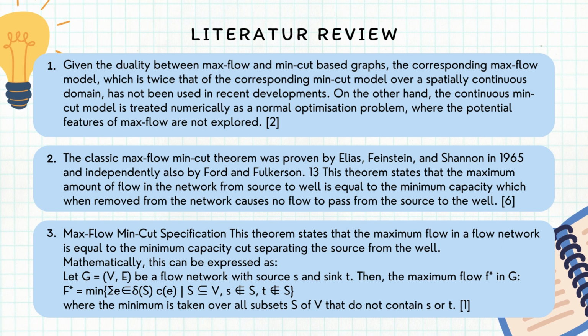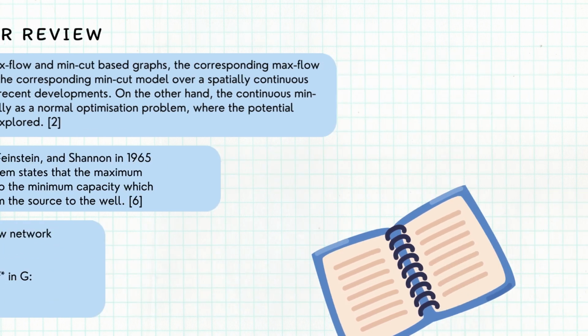Mathematically, this can be expressed as: let G equal (V, E) be a flow network with source S and sink T. Then the maximum flow f star in G is f star equals min of the sum over edges e in delta of S of c(e), where S is a subset of V, S is in S and T is not in S.